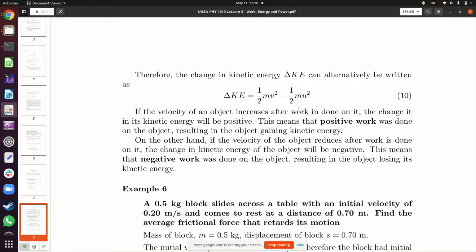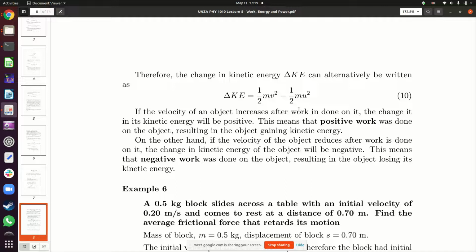If, on the other hand, the final velocity of the object is less than the initial velocity of the object, then the change in kinetic energy is going to be negative. So the change in kinetic energy can be positive if the final velocity of the object is greater than the initial velocity, meaning that if there is an increase in the velocity of the object, then the change in kinetic energy will be positive.